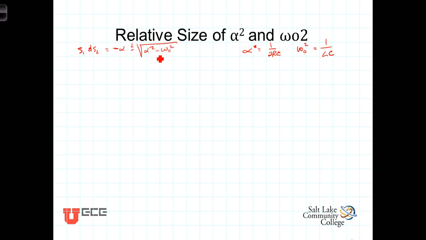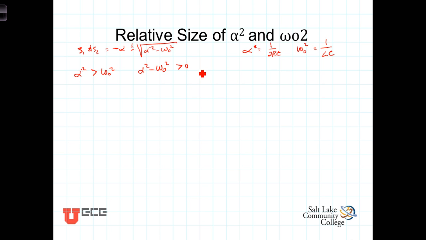We have three different cases dependent upon the value of the discriminant. Let's look first at the situation where alpha squared is greater than omega naught squared. Under these circumstances, then, this term here under the radical, the discriminant, alpha squared minus omega naught squared, will be greater than 0.